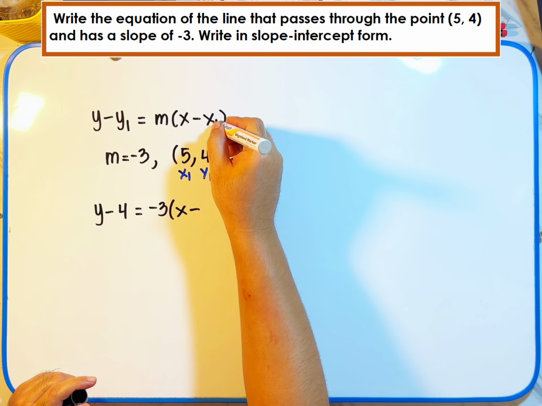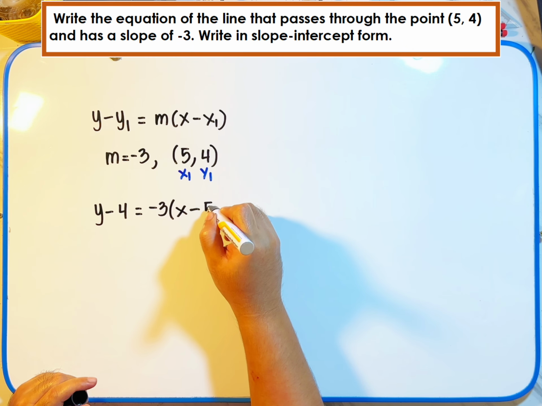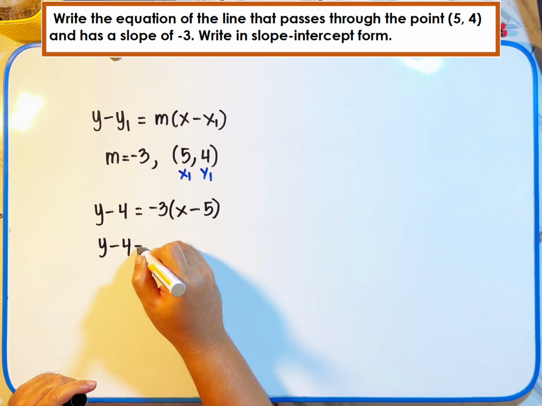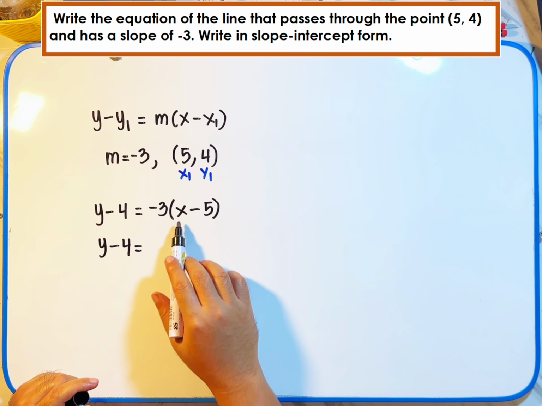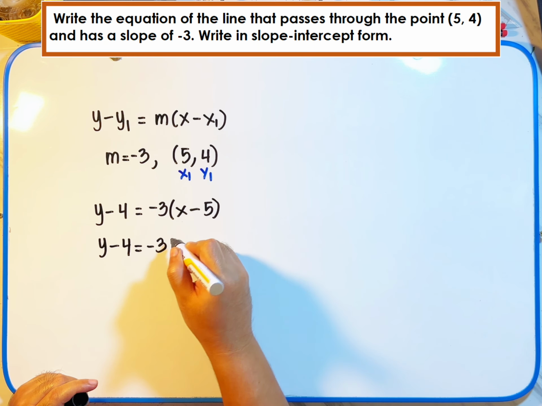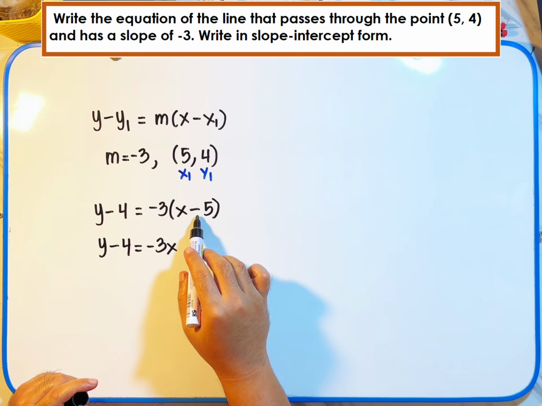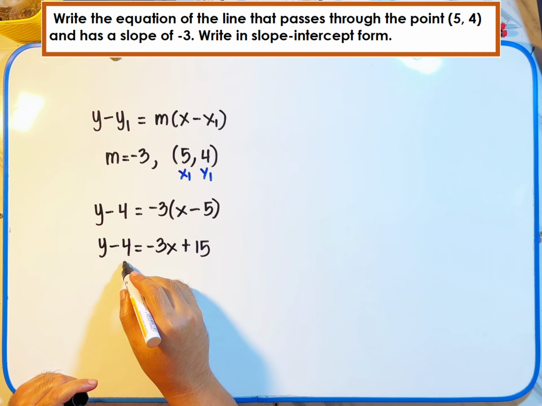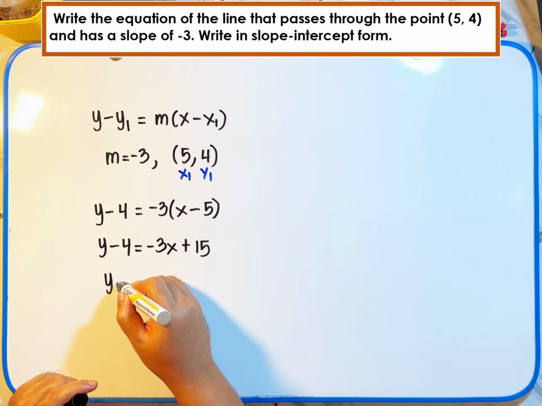So minus x sub 1 is 5. Next, y minus 4 equals, distribute negative 3 times x is negative 3x, while negative 3 times negative 5 is positive 15. Transpose negative 4 to the other side and make it positive.